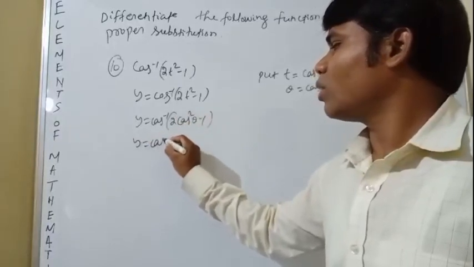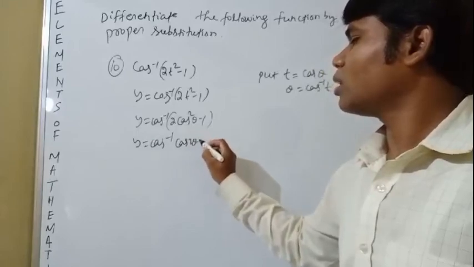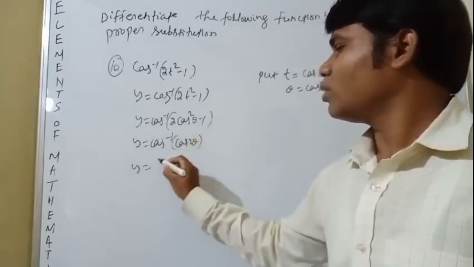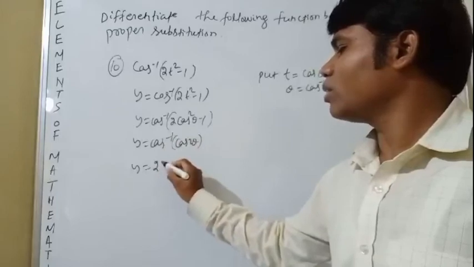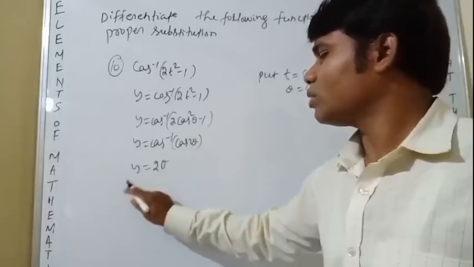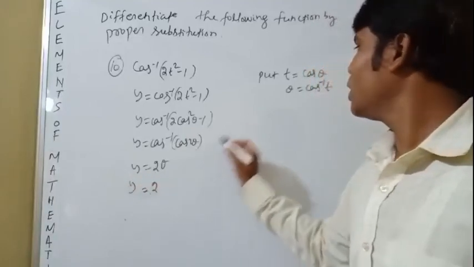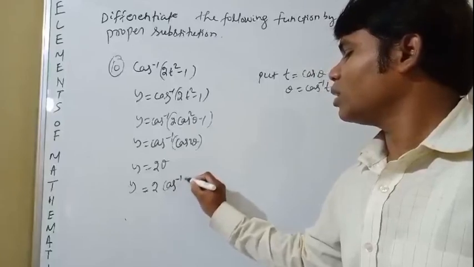Y is equal to cos inverse of cos 2 theta. Y is equal to cos inverse cos, which cancels out, giving 2 theta. Y is equal to how much? Y is equal to 2 theta, meaning 2 cos inverse t.